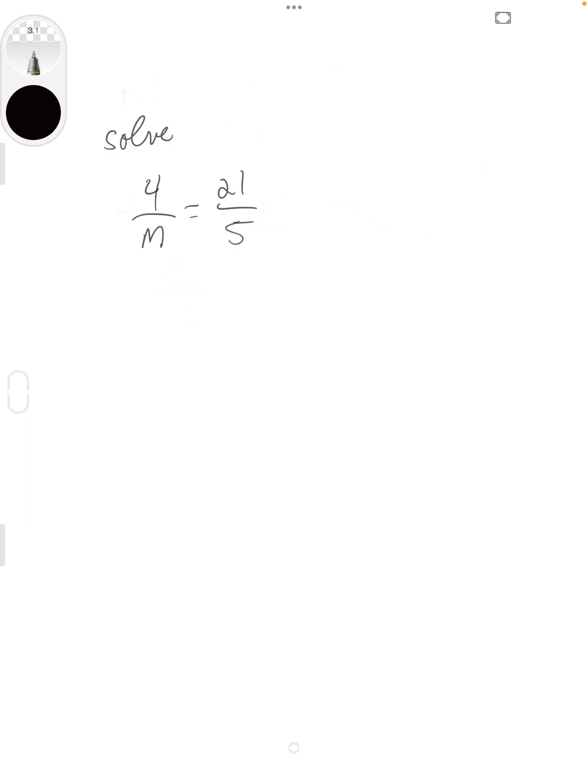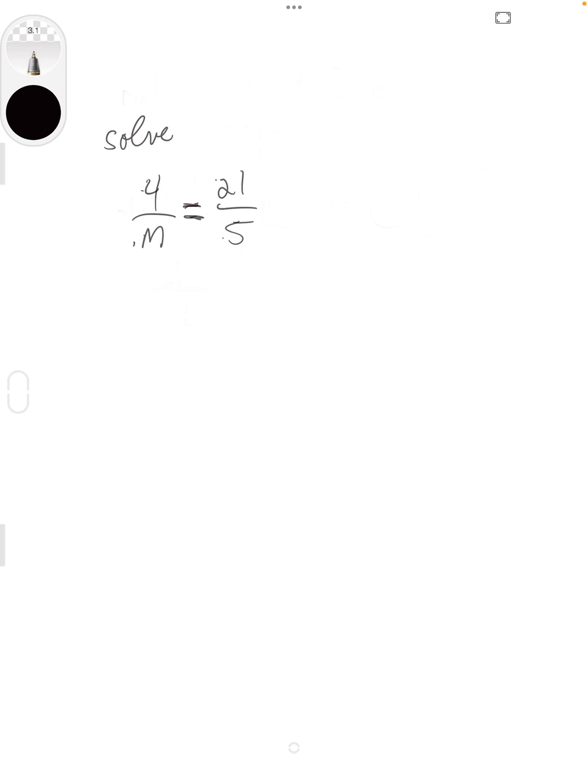So in a word problem, you might say, well, you're just saying the top to the bottom, 4 to m is equal to 21 to 5. Okay, and in other words, because it's an equation sign, you're just saying what makes this true. Okay, so let's look, and it's going to be not necessarily a pretty number, but we'll see what it is.